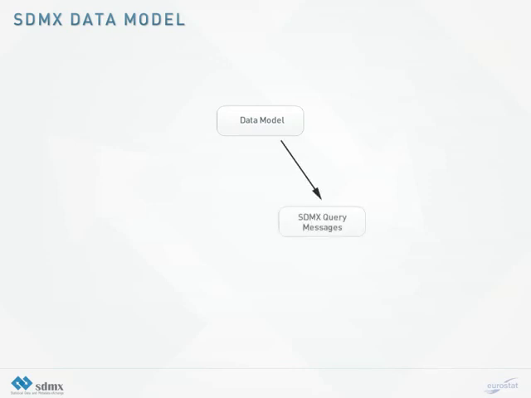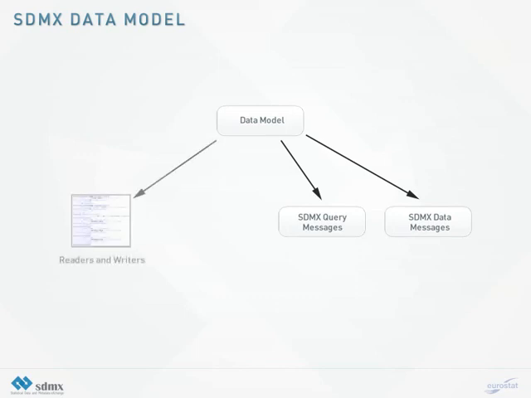The SDMX data model serves as structure inside the service infrastructure for information stored in the SDMX query messages, as well as to produce the SDMX data message and its metadata. The SDMX data model includes readers and writers which contribute in interfacing the modules.